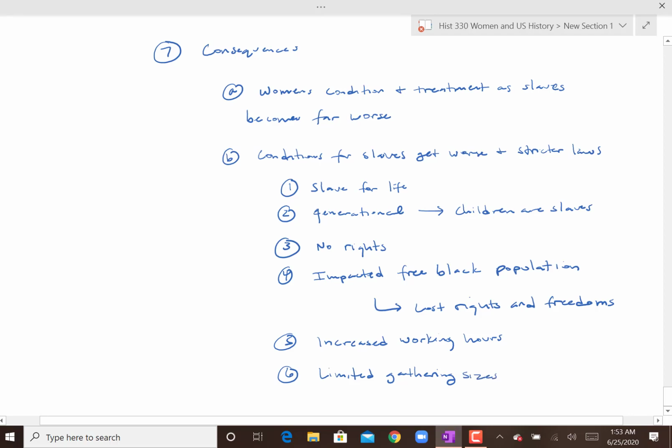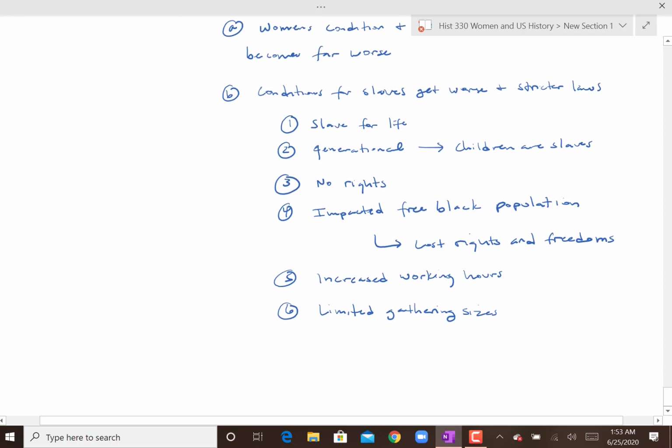It was an attempt to control not only that there wouldn't be rebellion, but also control the sense of community, physical violence, and sexual violence, although that was kind of okay already. We'll say legalized as acceptable.